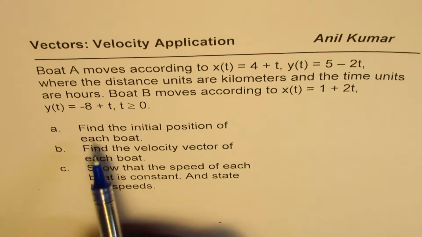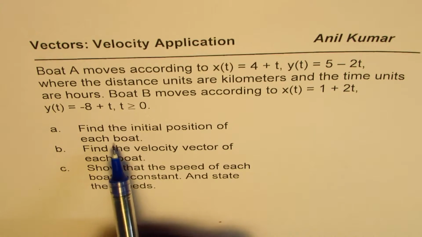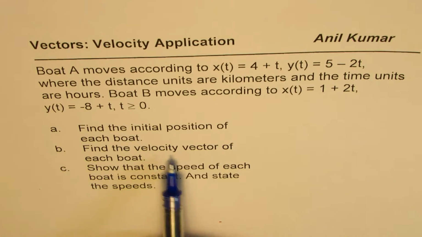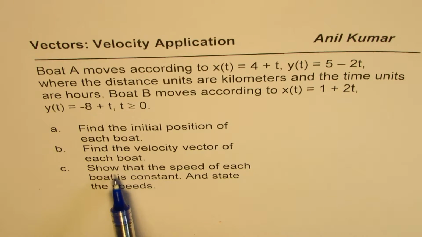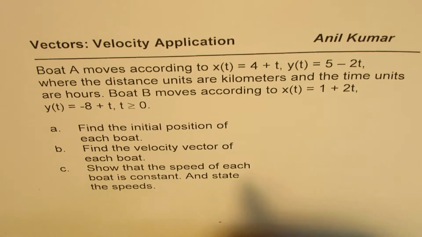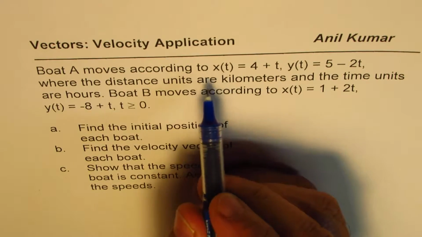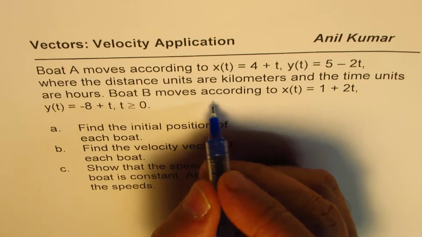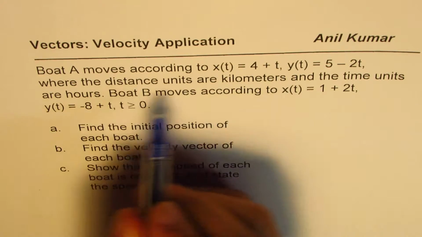So the first 3 are: find the initial position of each boat, find the velocity vector of each boat, show that the speed of each boat is constant, and state the speeds. Okay, so let us see what we are given. We are given boat A. Let me write x, y for both.